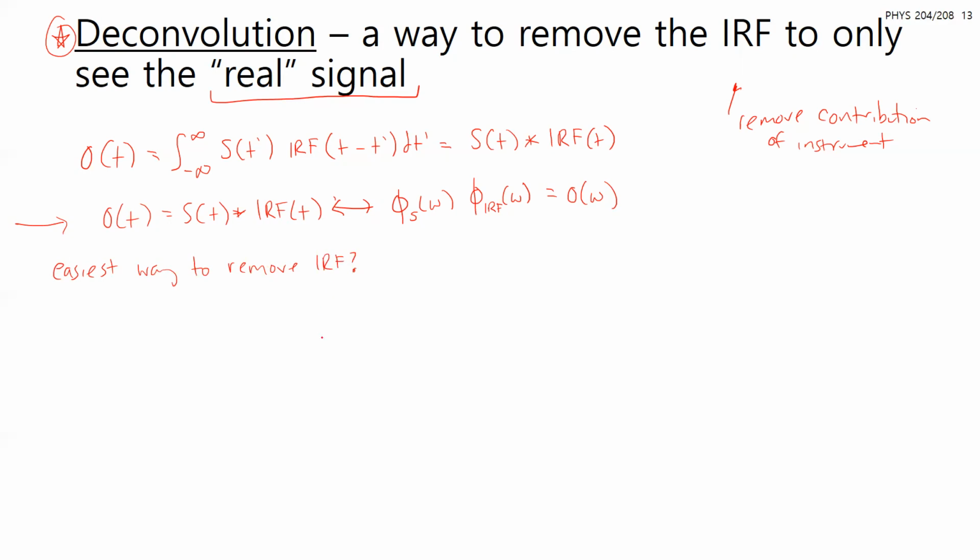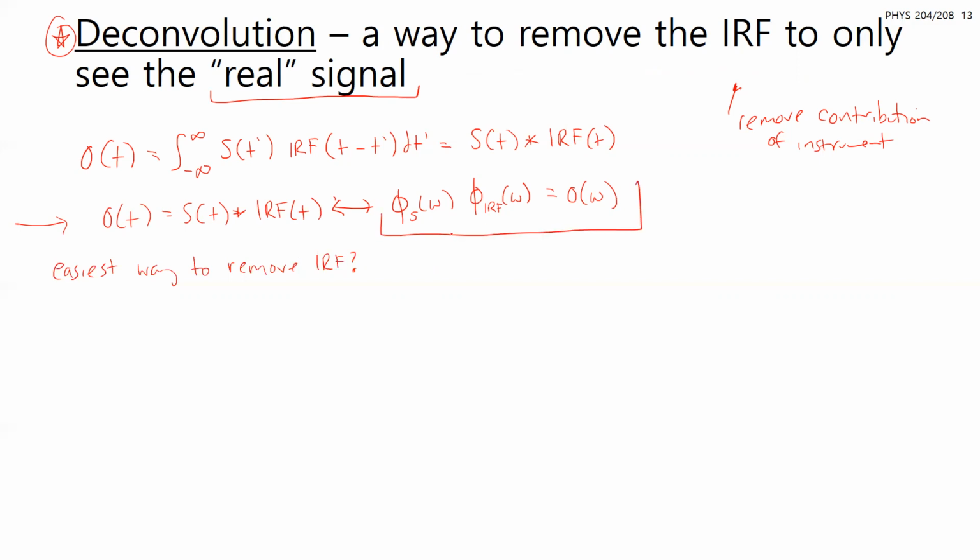Do you think it would be easier to work in the time domain or the frequency domain, to deconvolve or remove the effects of that IRF? So we can work in the frequency domain.